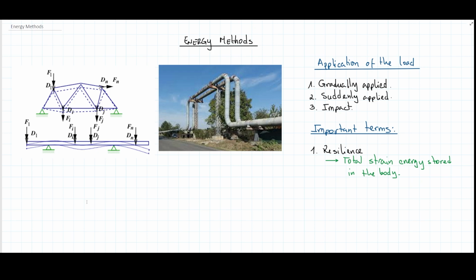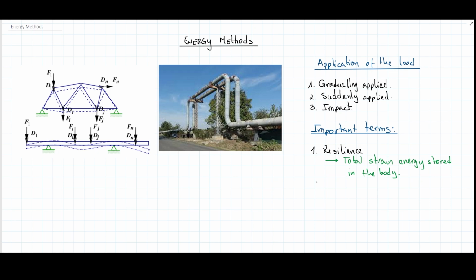This definition is important because, starting from the definition of work, we're going to end up using the relationship that work equals resilience, or work equals the strain energy stored in the body. So again, resilience is the total energy stored in the body, but it's also the capacity of a strained body to do work when you remove the straining forces.